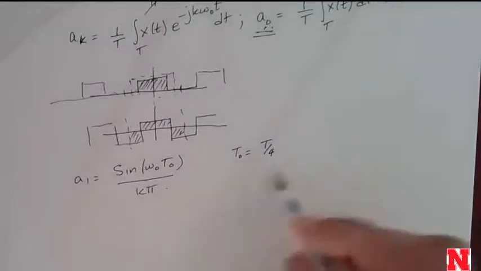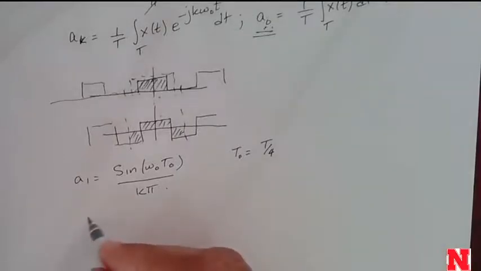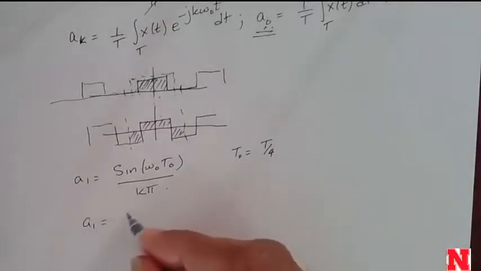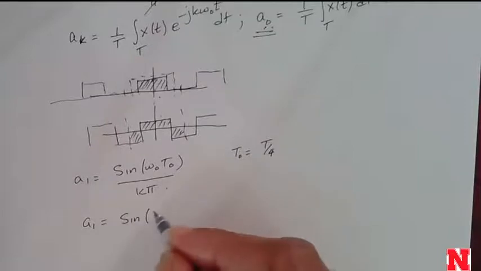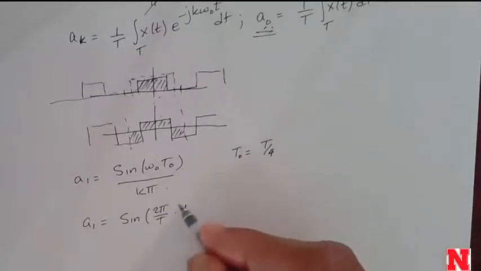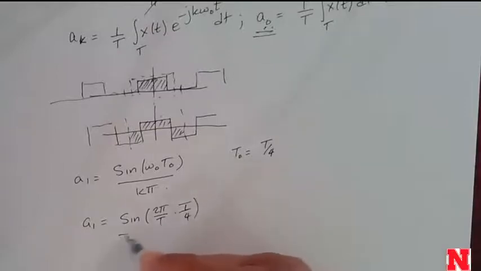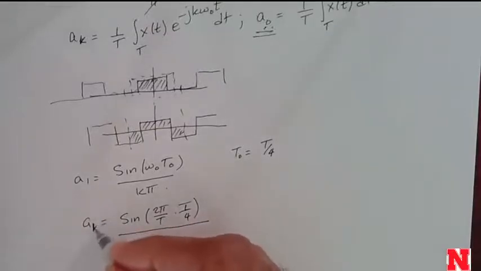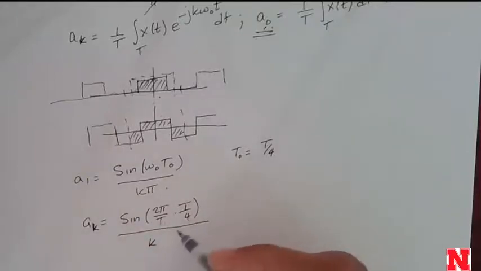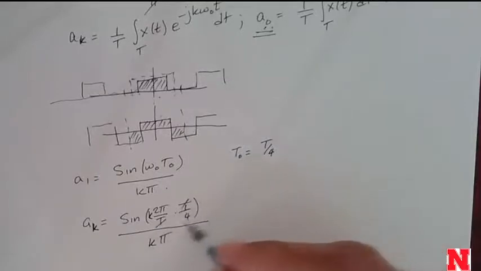Okay, so if I do that, then A1 is equal to sine of 2 pi over capital T times T over 4 divided by, or let's just do generic A sub K. So that'll be K times, so this will be K pi. T's will cancel out.